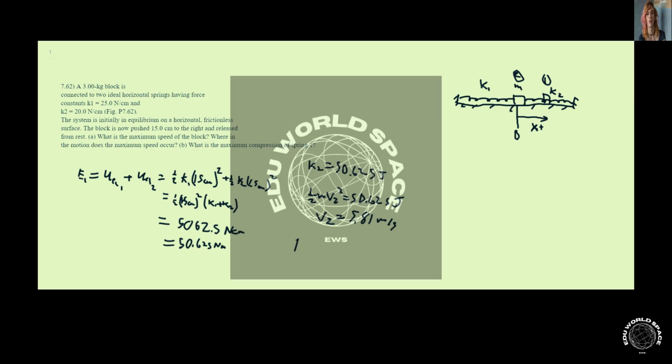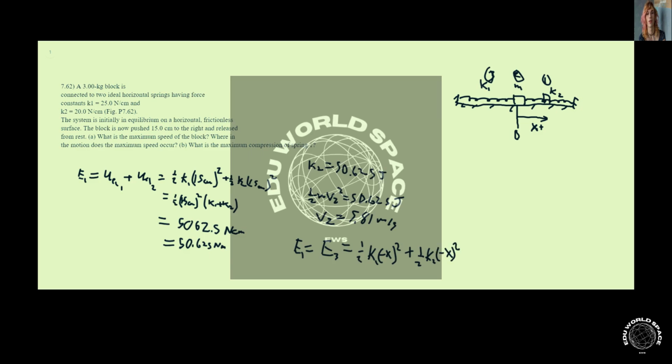So we can write down that E1 is going to be the same energy as when it's at position 3, and that's going to be equal to 1/2 K1 times negative x squared, plus 1/2 K2 times negative x squared. Here we're stretching it in the opposite direction, but it doesn't matter since it's squared.